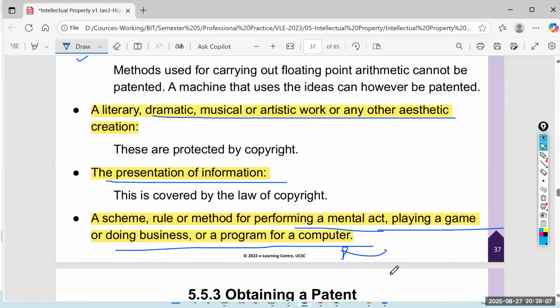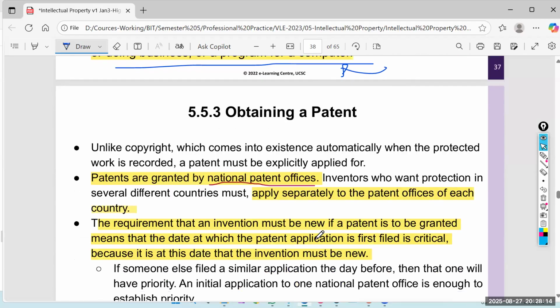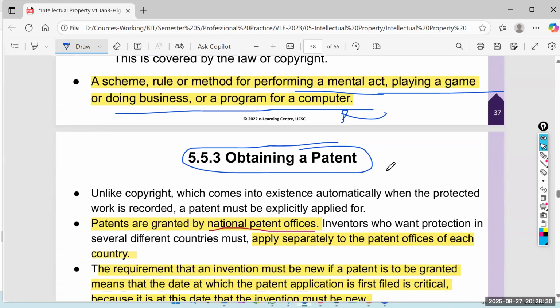And sometimes you get patents for those. So how do you get patents? If it is not in these excluded areas and there's an innovative step and innovative possible commercial applications, this is how you get the patents.